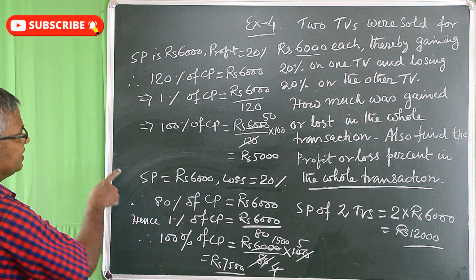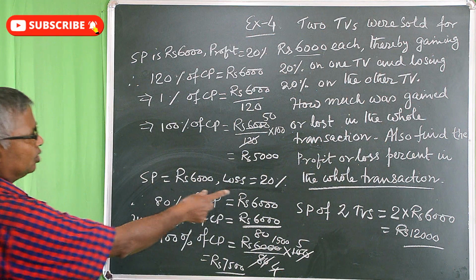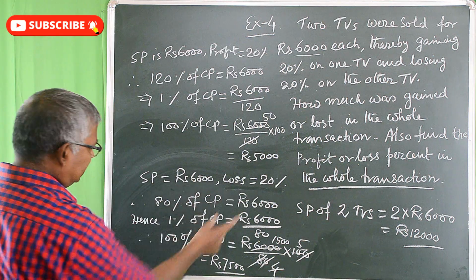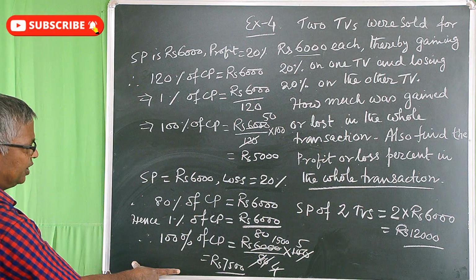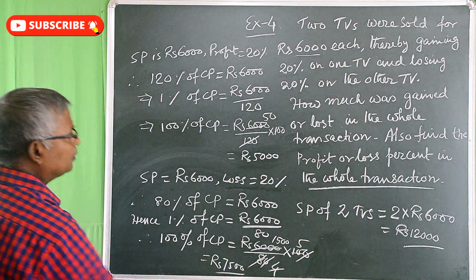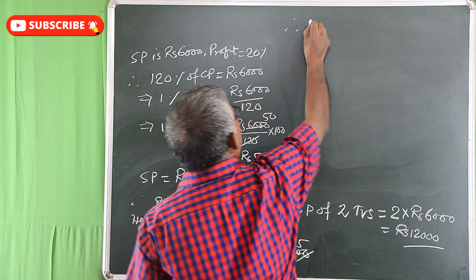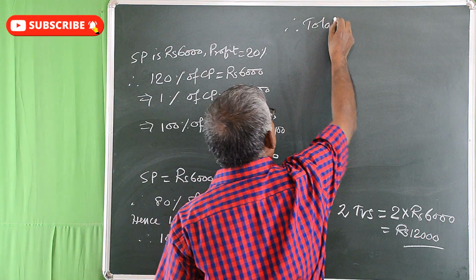So in the second case, whenever 20% loss is there, the cost price of the second TV is 7,500.